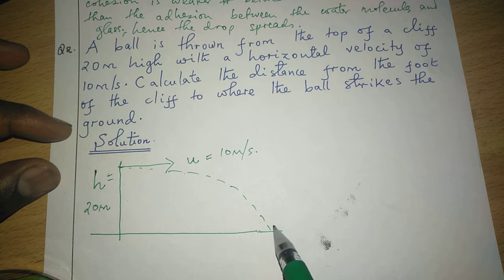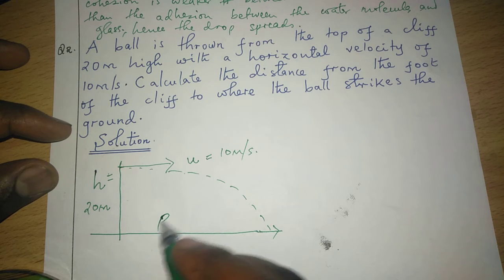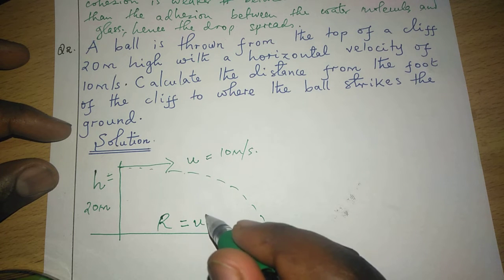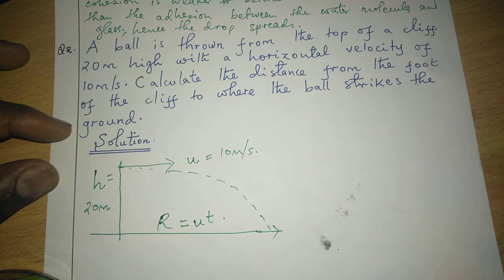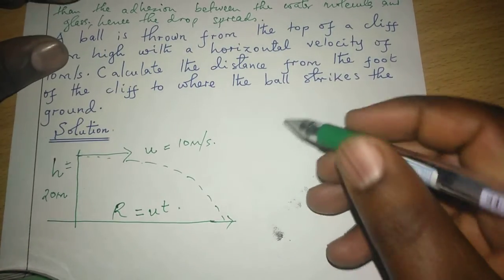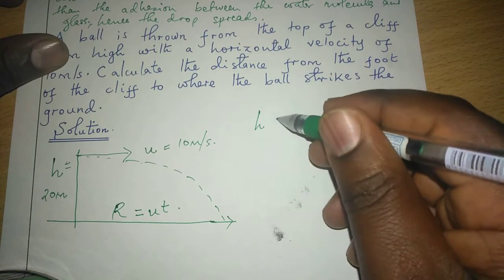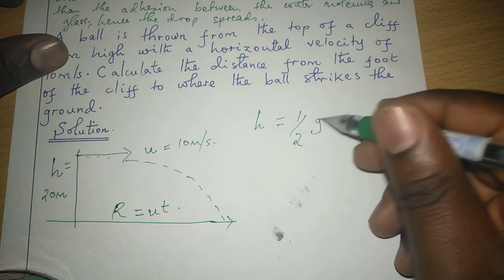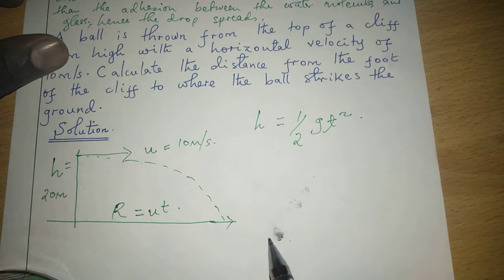Now, before getting to the ground, it has covered a certain distance called range, and range is calculated by ut. So if range is ut, then we first of all have to get the time taken in this motion, and we usually say that the height itself is given by half gt squared.